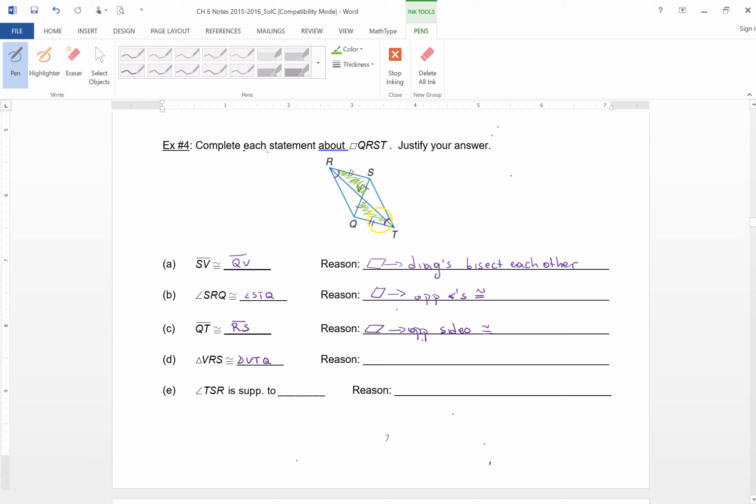Right, it's SAS. So this angle here is congruent. Vertical angles are congruent, okay? So vertical angles, the fact that the diagonals are bisected, and SAS.